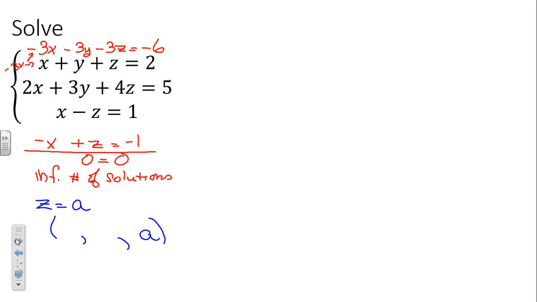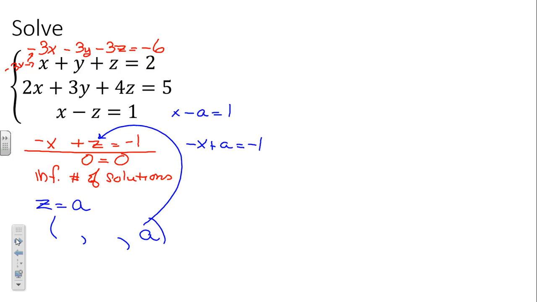Now we say, okay, if z is equal to a, then let's plug it in. Negative x plus a equals negative 1, right? Or we could have plugged it in here, would have been better. x minus a equals 1 is better.